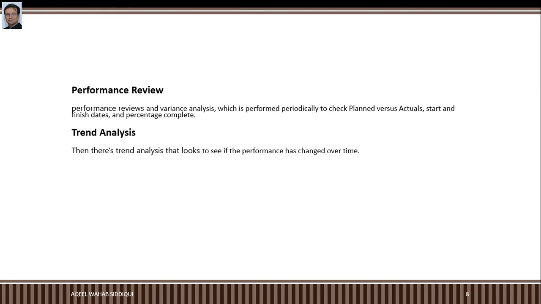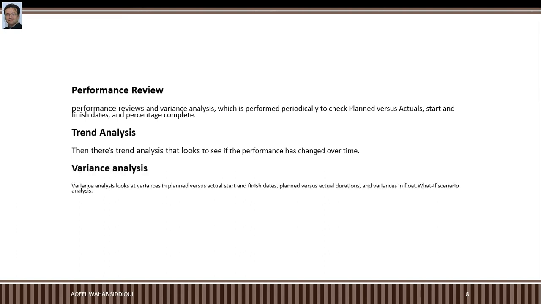Next is trend analysis. There's a trend analysis that looks to see if the performance has changed over time. Variance analysis looks at variance in planned versus actual start and finish, planned versus actual duration, and variance in float. Though this also depends on earned value management.